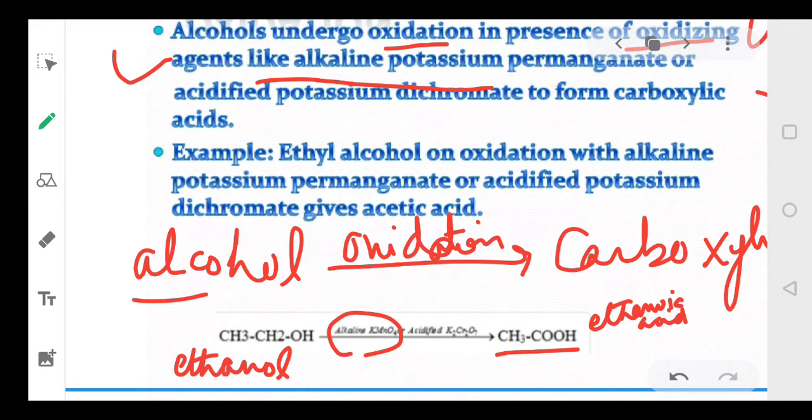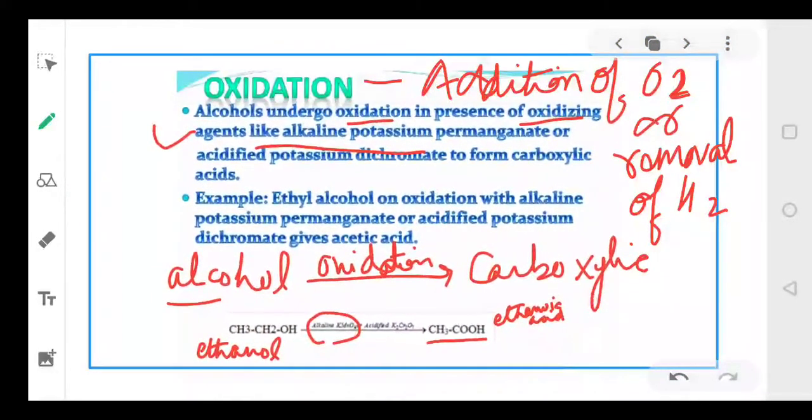Now this alkaline KMnO4 acts as an oxidizing agent. What does it act as? It acts as an oxidizing agent. Oxidizing agent means the substance which gives oxygen. So can you name an oxidizing agent? Correct.